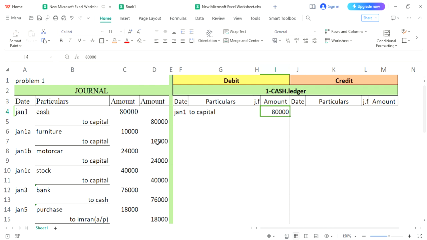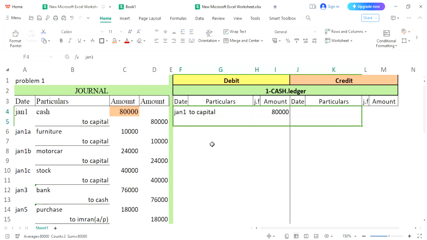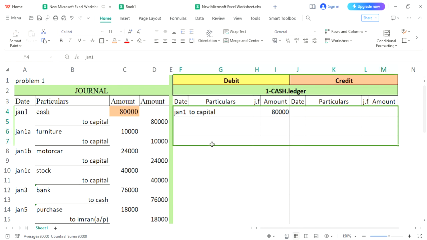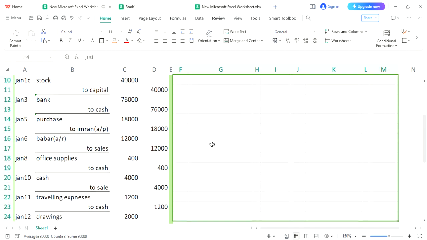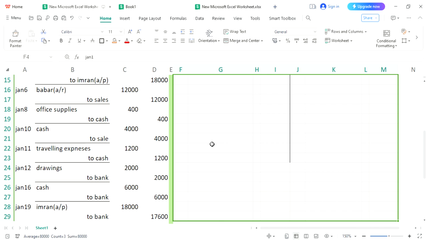What does that mean? This 80,000 has been posted. So you can mark it as it has been done. Why are we marking? Here I would like to explain that there are two fears while doing this much long question. And what is that fear? It may be possible when there is whole journal. You can see that so many journal entries are present.